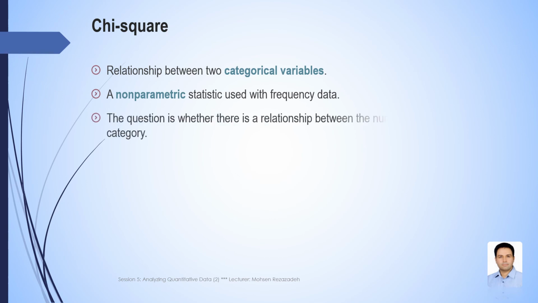The question is whether there is a relationship between the number of people in each category, whether there is a relationship between the frequency or the number of people in each group or in each category.